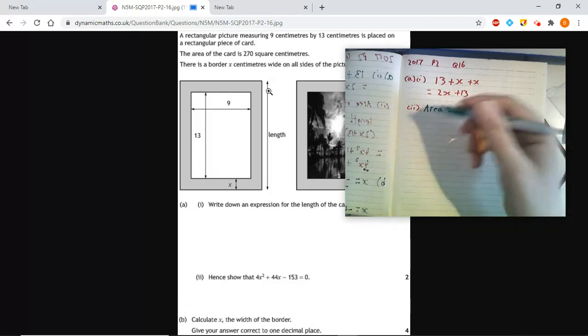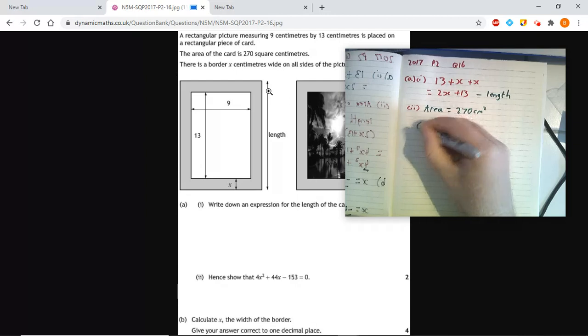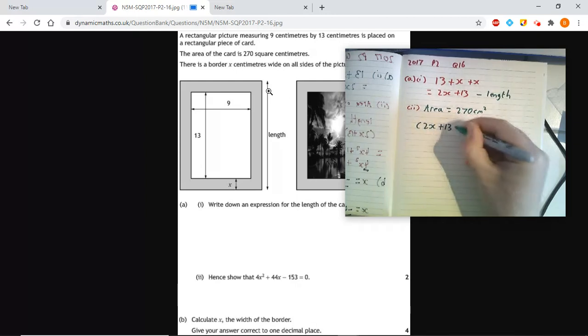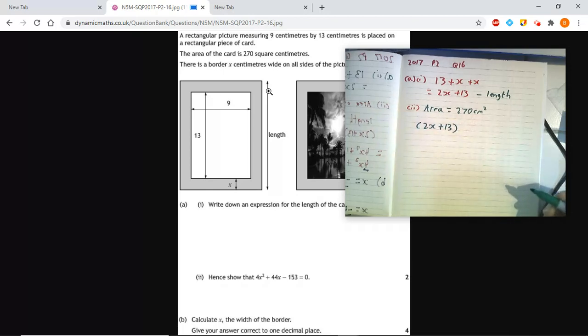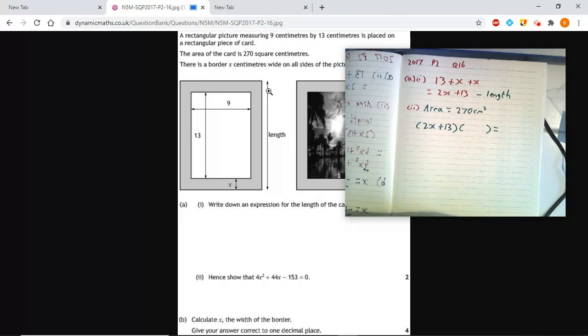And in fact, we've worked out the length. We know the length of the piece of card already. So if we knew what the width was, we could also find out the area. So that's the length. Again, that's from part A. What do you think the width would be? I encourage you to pause the video here and just check that you get it right.